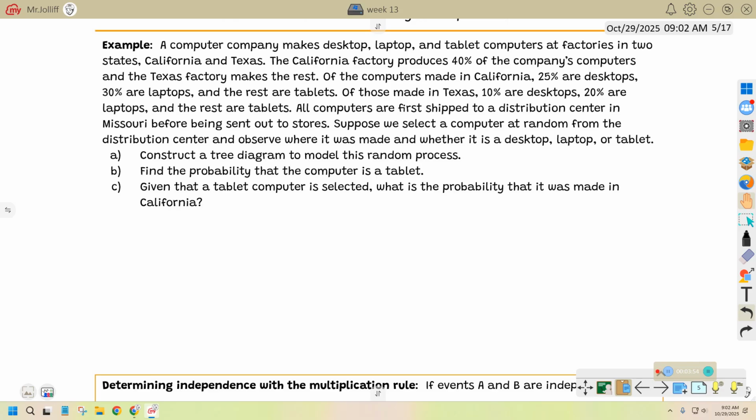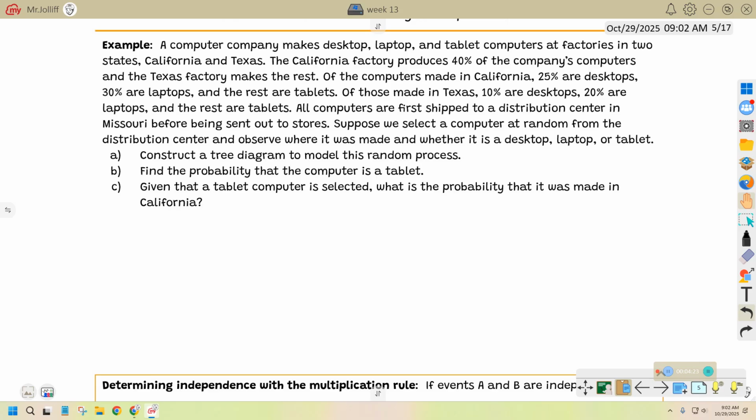All computers are first shipped to a distribution center in Missouri before being sent out to stores. Suppose we select a computer at random from the distribution center and observe where it was made and whether it is a desktop, laptop, or tablet. And part A says, construct a tree diagram to model this process.